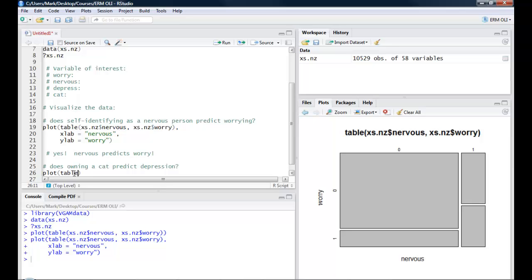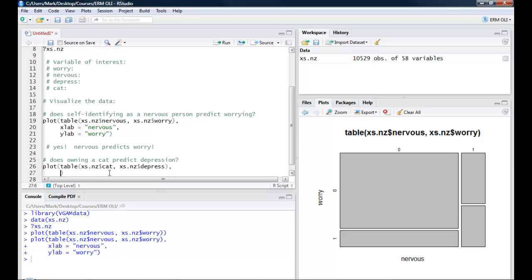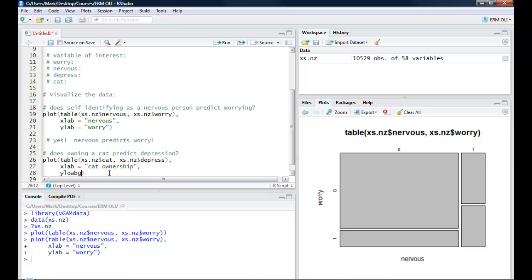So I'm going to say plot table xs.nz, and then because I'm interested in using cat as the predictive variable, I'm going to put that on the x-axis first, and then a comma, and then I'm going to call the second variable, and I'm going to go ahead and add axis labels as well to keep these straight. So I'm going to say cat ownership here, and my y label is going to be depressed.